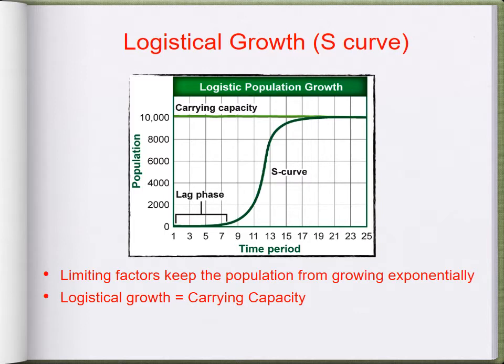The number of individuals at that point that it turns into an S-curve is called the carrying capacity. In other words, that's the most that you can have in that population for that area. So limiting factors keep the populations from growing forever, and the number of individuals at that point in time is called the carrying capacity.